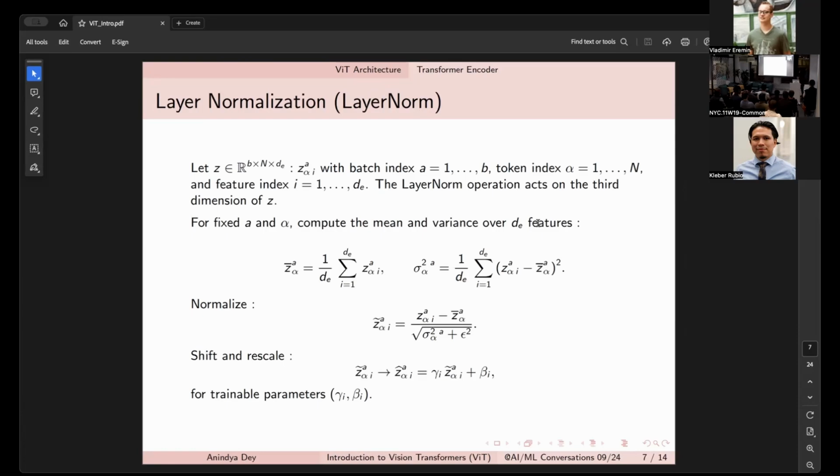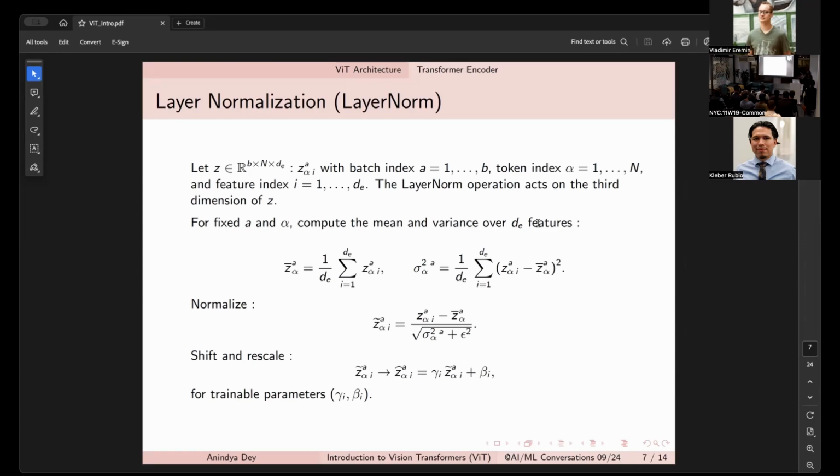What that means is that for a fixed batch index and a fixed token index, you pick a token, you pick a batch, and what you then do is compute mean and variance over the features. And then you normalize. And then you shift and rescale by parameters gamma I and beta I, which are learned.